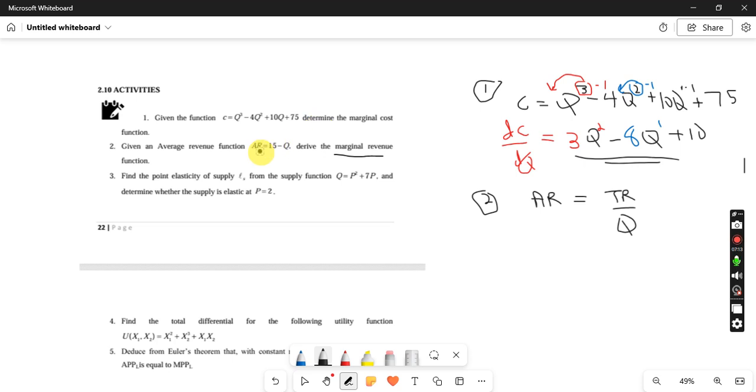So here our average revenue function is 15 minus Q equals TR, total revenue, over Q. To get our total revenue, we need to cross multiply.